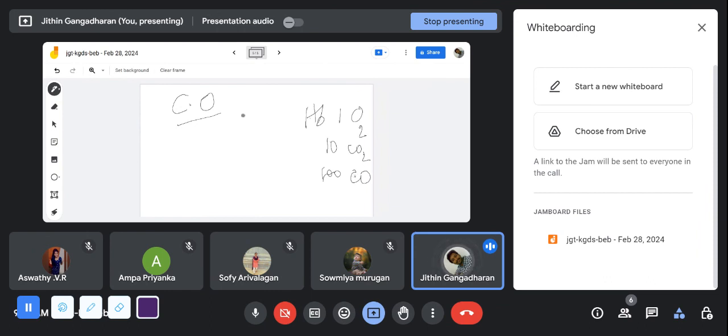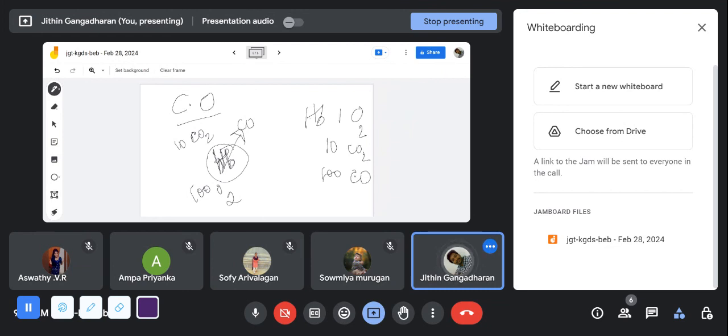So if near the hemoglobin there is one carbon monoxide, 10 carbon dioxide, and 100 oxygen, the hemoglobin will bind with carbon monoxide. That much affinity hemoglobin has towards carbon monoxide, so it is easy to get carbon monoxide poisoning.